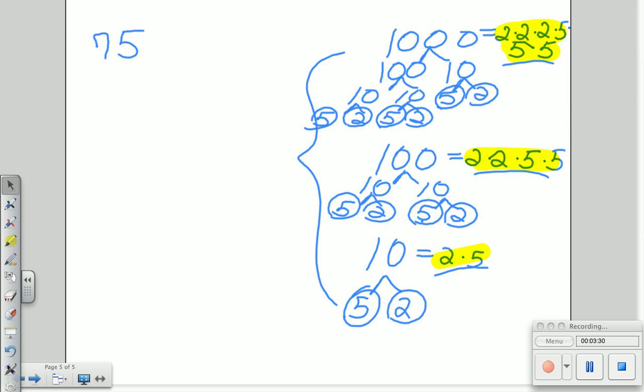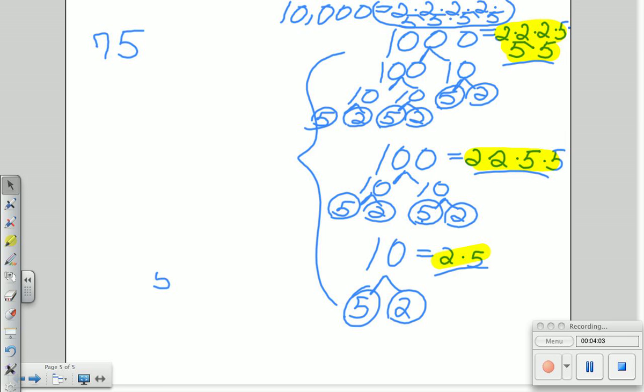And I can tell you right now that 10,000 would be equal to four 2's and four 5's. Okay? Sorry, that's really hard to read, I apologize. That would be the prime factorization of 10,000, just adding the extra 2 and the extra 5.